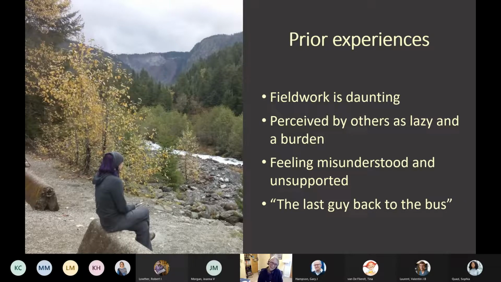And this really came out in terms like, I'm always at the end of the queue. I'm always the last guy back at the bus. I'm always the one that's trailing behind, this feeling of just not being included with everybody else. And this is really important for us to know when we're trying to design and develop inclusive fieldwork, because these are the kind of feelings that we need to try to address when we're putting together our field activities.